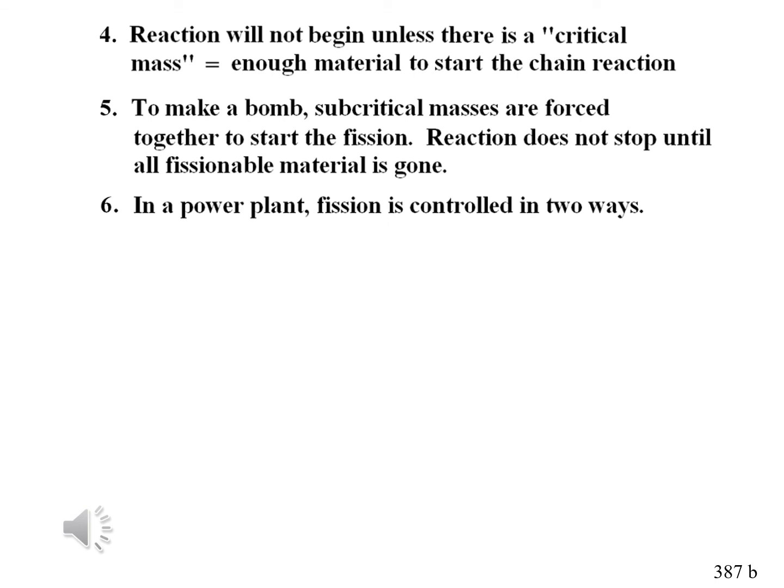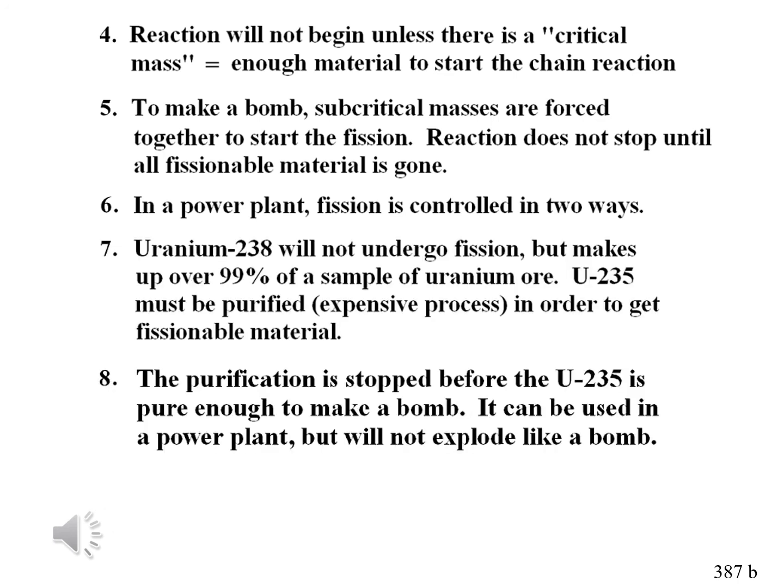Now, obviously, in a power plant, they don't want it to blow up like a bomb, and so they control this in 2 different ways. One way is that when the uranium is used for power plants, it's only enriched in uranium-235 about 3 to 5%. In order to get bomb quality material, you have to have about 95% uranium-235.